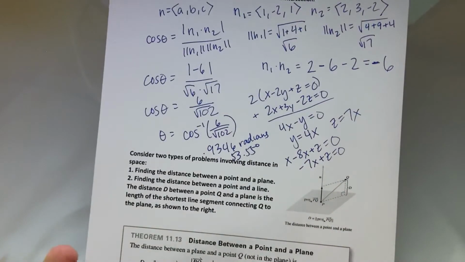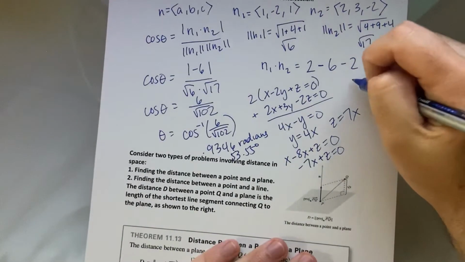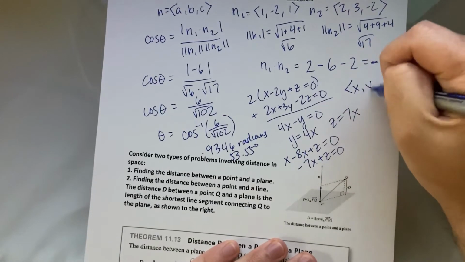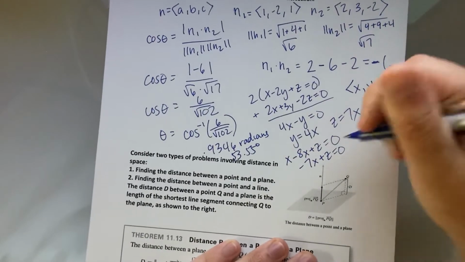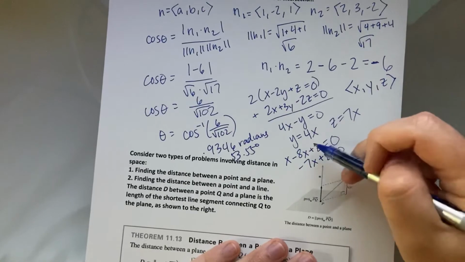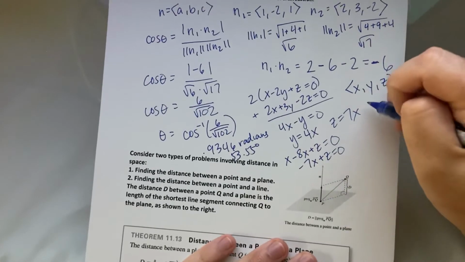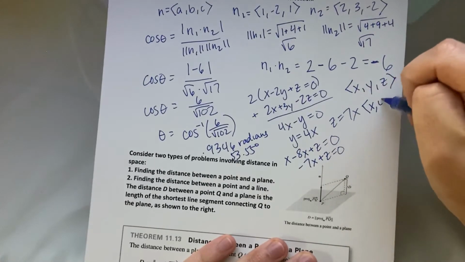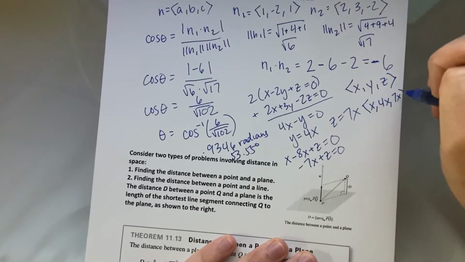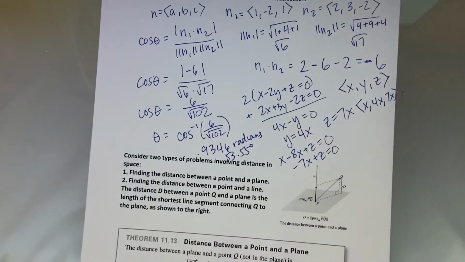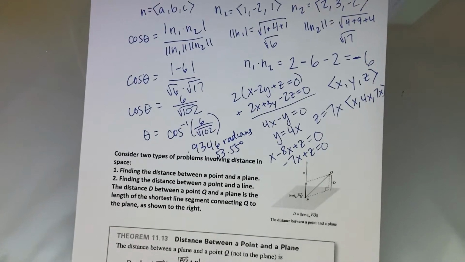So we've got x, y, z. But y is equal to 4x, z is equal to 7x. So we have x, 4x, 7x. Now what can we do with that? Well, this is a vector relative to time.